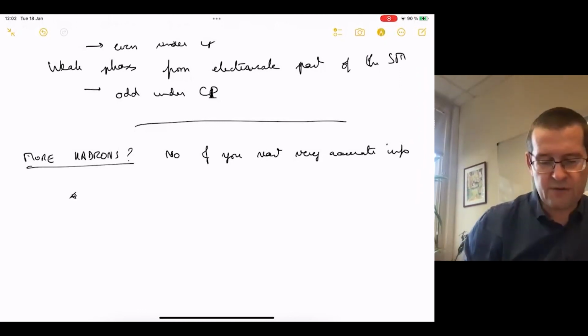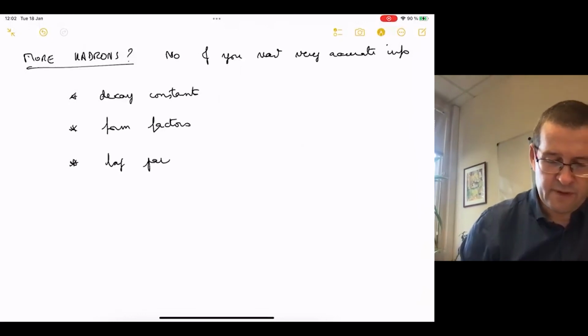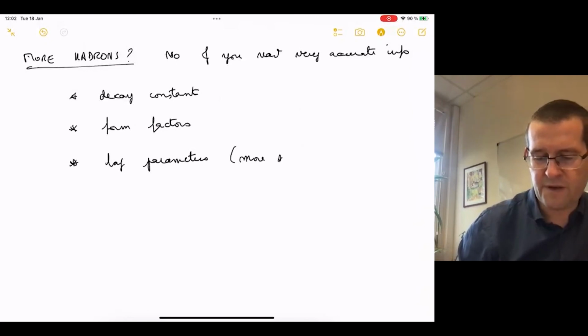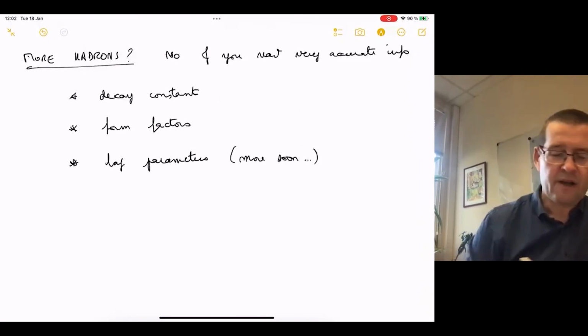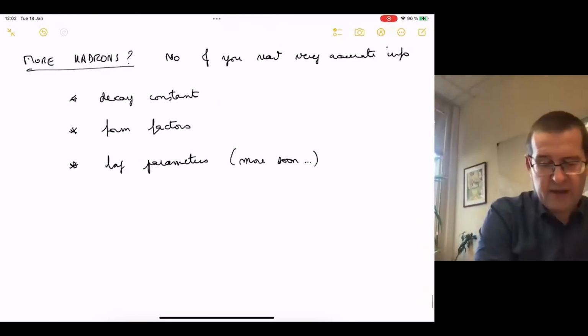So that means that we're going to have essentially decay constants, form factors, and also so-called bag parameters. And that's something that I will discuss next time.